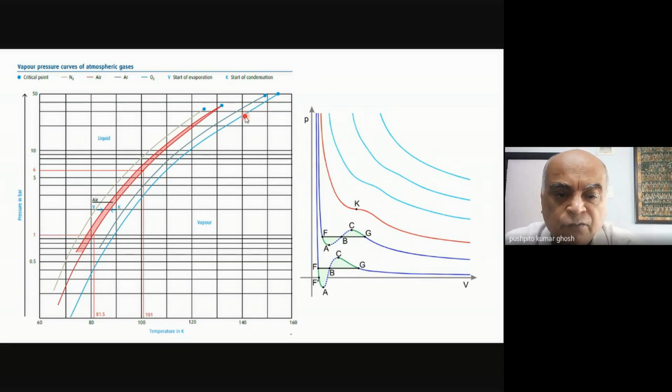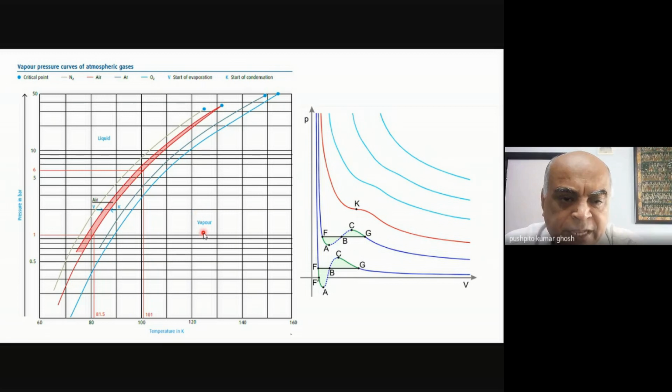And so this one is for oxygen, this is for air, this one is for nitrogen, and this one is for argon. Right? So you can see argon and oxygen are quite close together. Nitrogen is on the left side of air. Air, of course, doesn't give you a sharp line. It gives you more like a band, simply because air is a multi-component system, and therefore their joint properties will come into play. So you get more like a band over here for air.